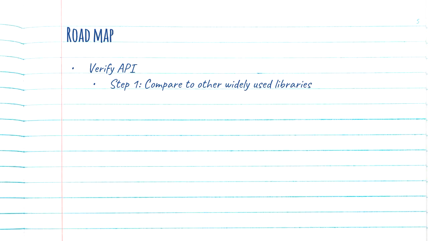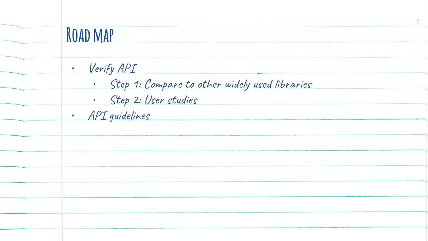How can we leverage that in our own designs? Step two, user studies. This, again, is something we've been adopting a lot internally at Microsoft to actually test the assumptions that we made when we designed this API. Now, after we've done this verification, we put together a set of API guidelines that we apply to the SDKs that we're shipping going forwards.